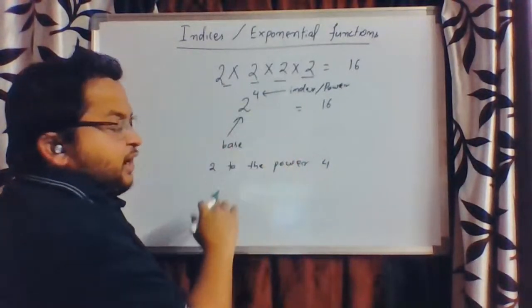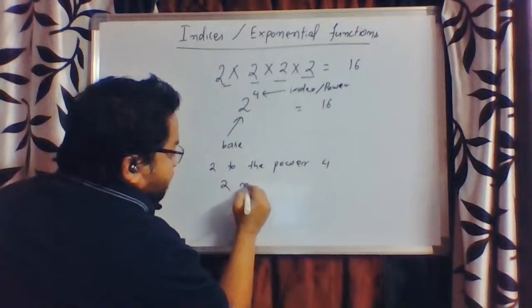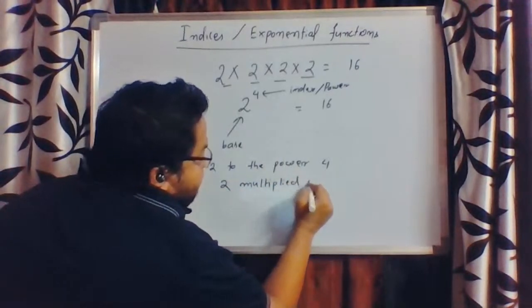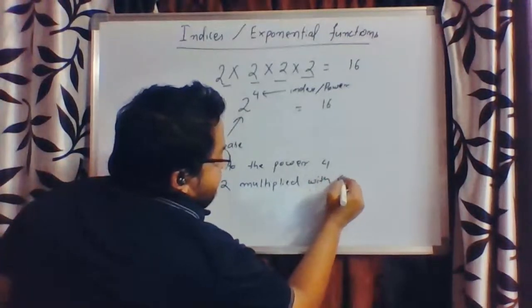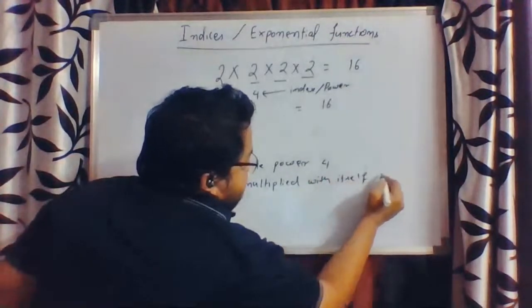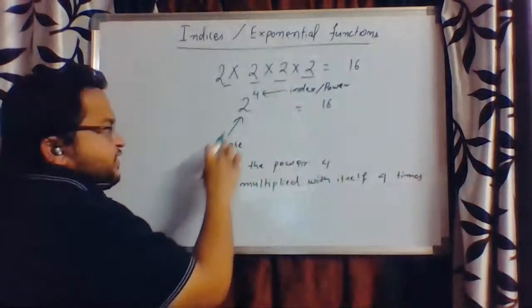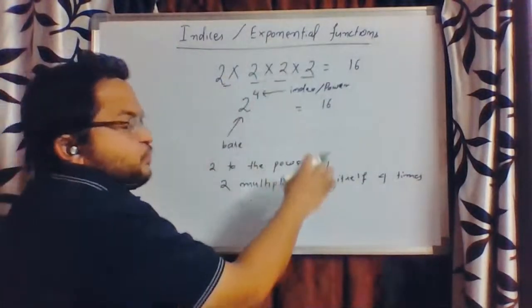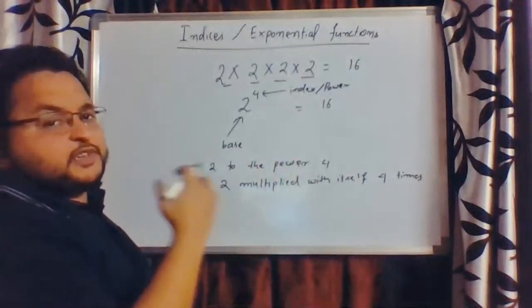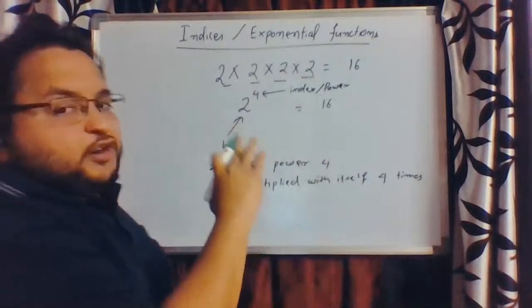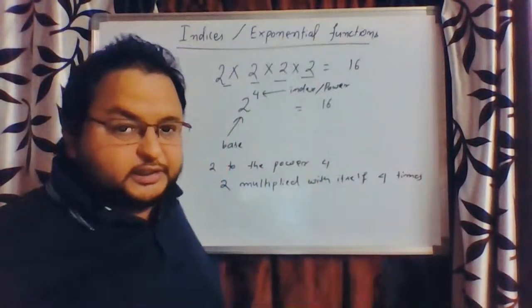We multiply 2 with itself 4 times. So the base is multiplied index number of times, or power number of times, with itself, and that function is called an index function or an exponential function, right?